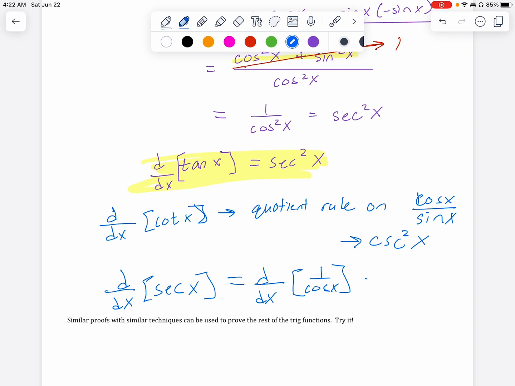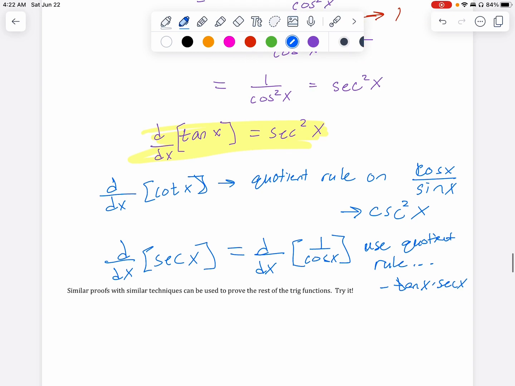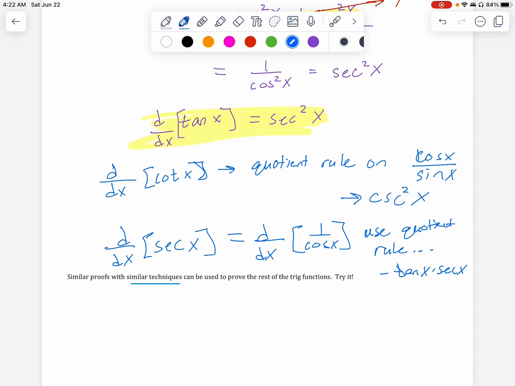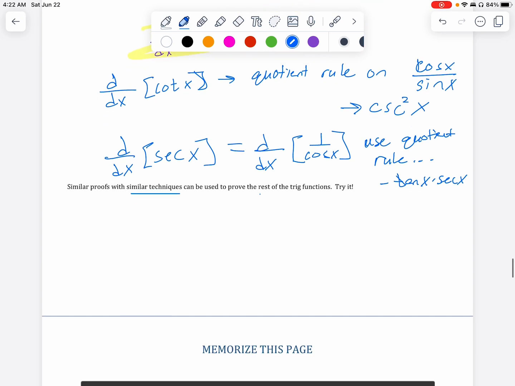So use the quotient rule here too, and there you would also find, after doing a little bit of work, that you would get secant x times tan x. The similar technique using the quotient rule and the trig identities will get us all the other trig functions.